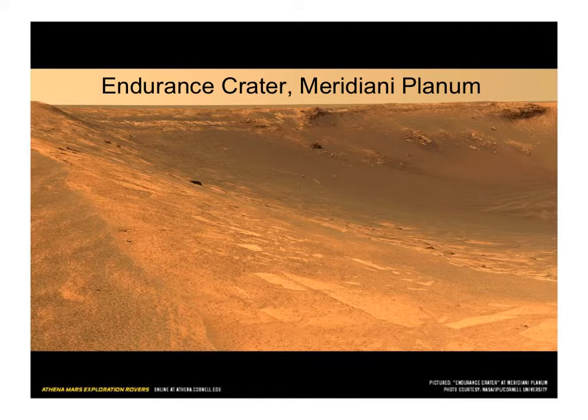I must say that as we've gotten better able to land probes on more interesting terrains, the landscapes started looking more and more interesting. Here is Endurance Crater in Meridiani Planum, one of the places where the Opportunity rover spent a year and a half, 2 years poking around, doing studies, measuring different samples and so forth.